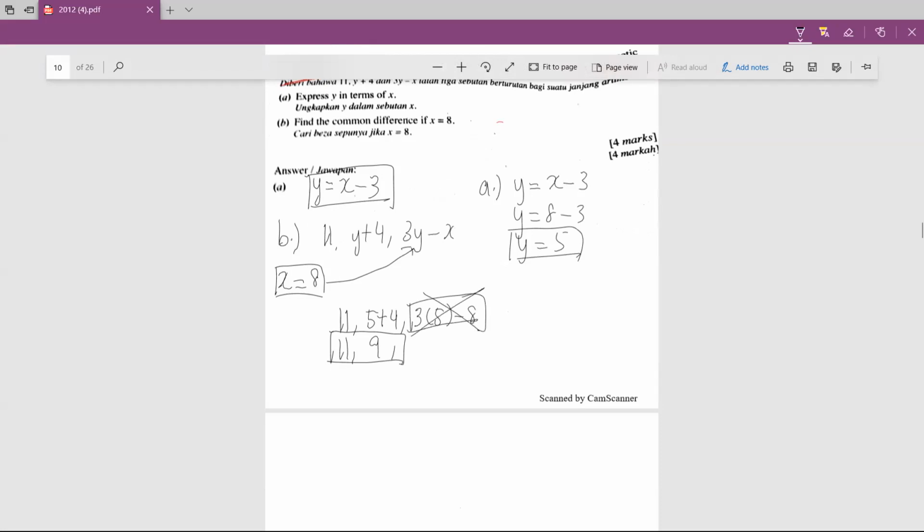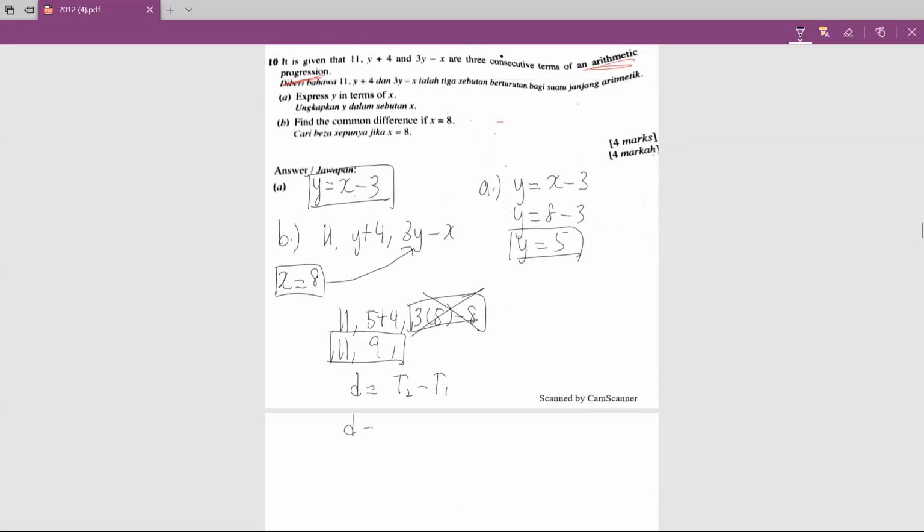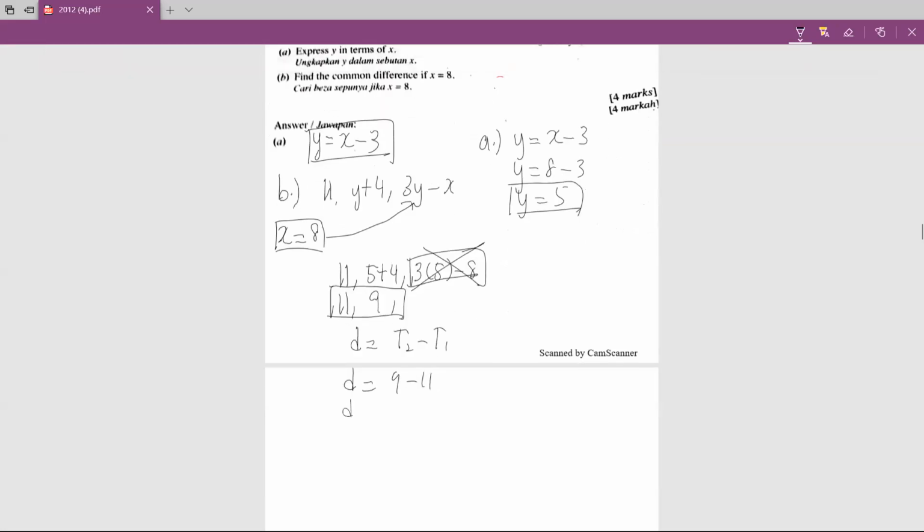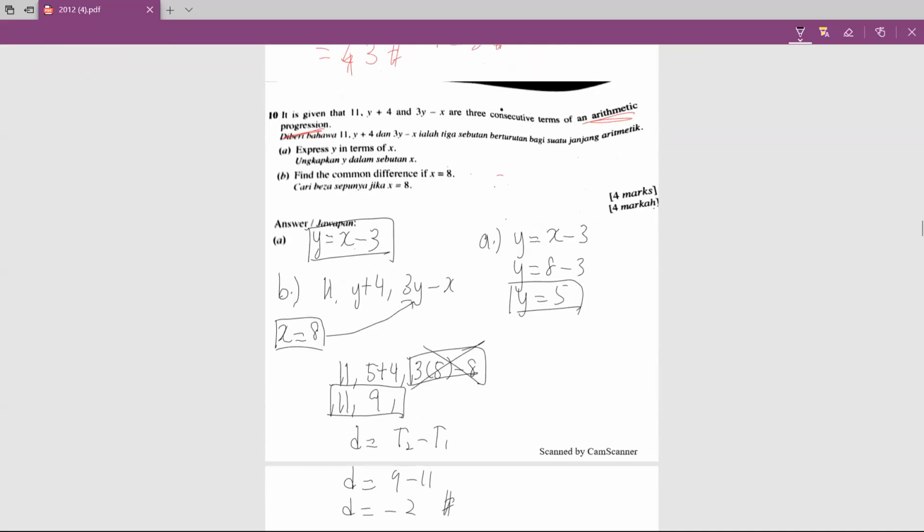Not important. Sebab common difference is T2 minus T1. So, d is 9 minus 11, which is minus 2. Okay, dah settle. Soalan senang. Konsep very easy. So ingat, part A buat cara ataupun konsep common difference, and part B is just applying the common difference concept using the value given.